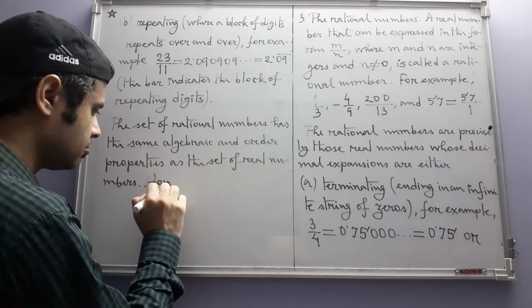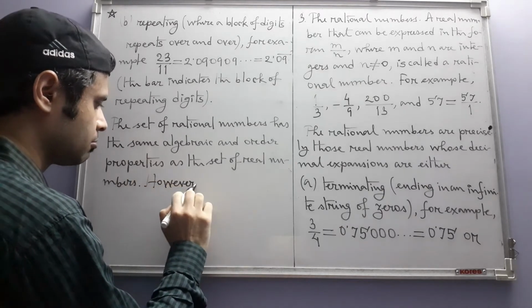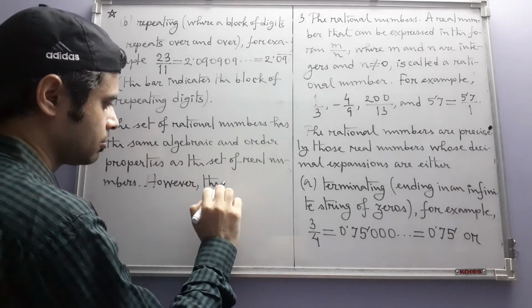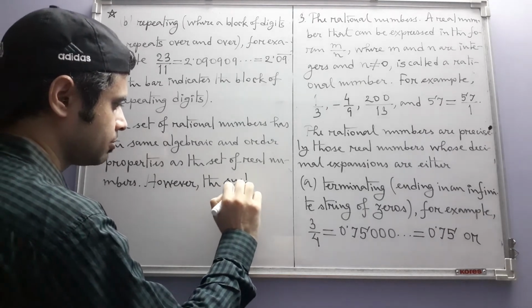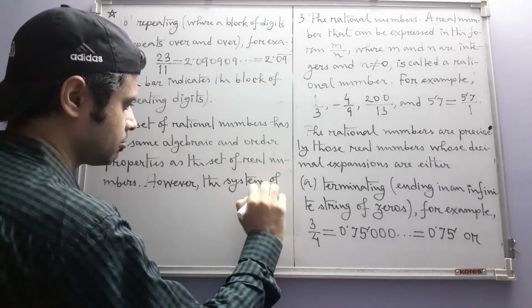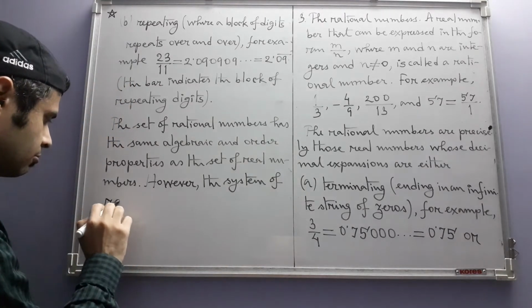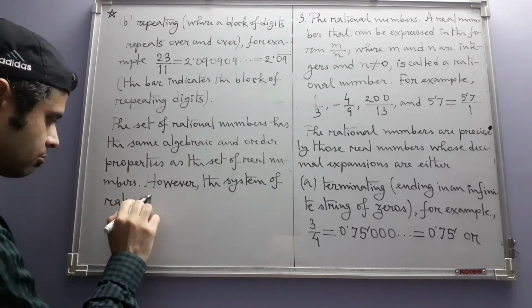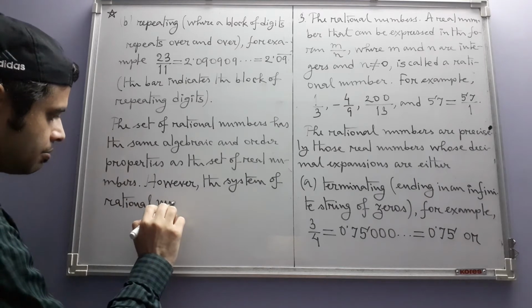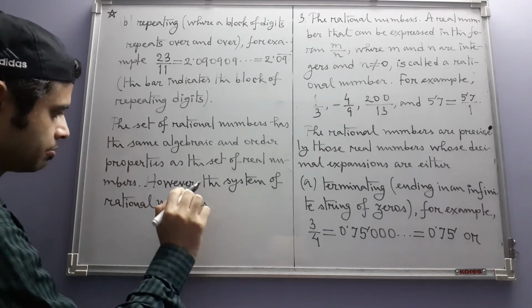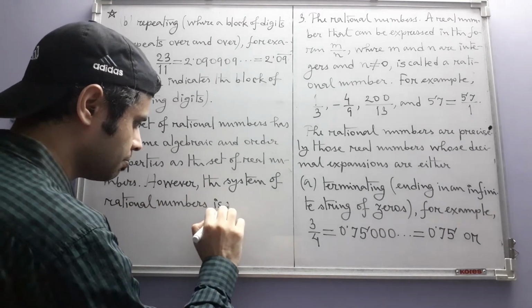However, the system of rational numbers is not complete.